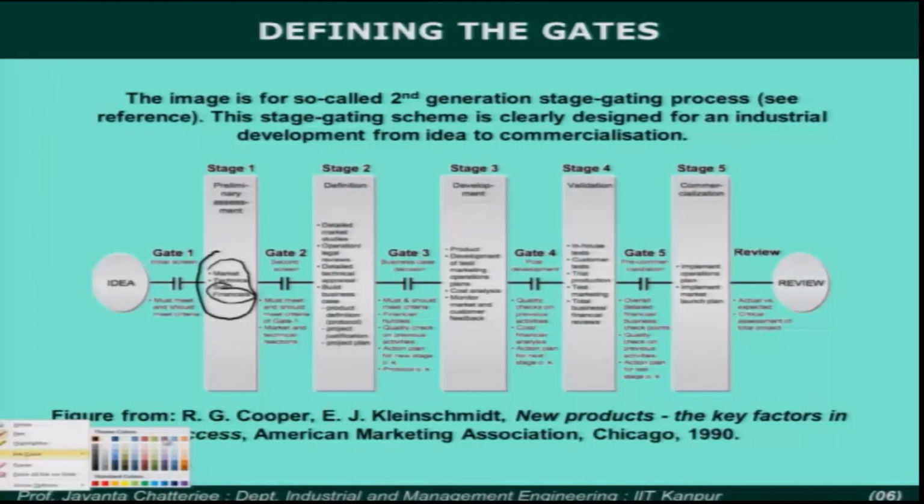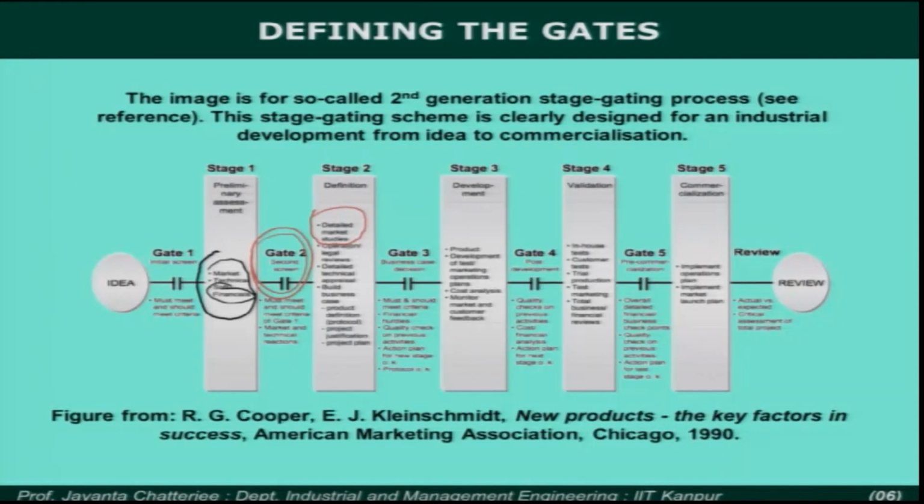So, the next point that is important is gate 2. That means initial market data, technical features and benefits offered, the soft financials or early forecasts based on some good market research will lead to stage 2, where usually the decision makers will be looking for detailed market studies.